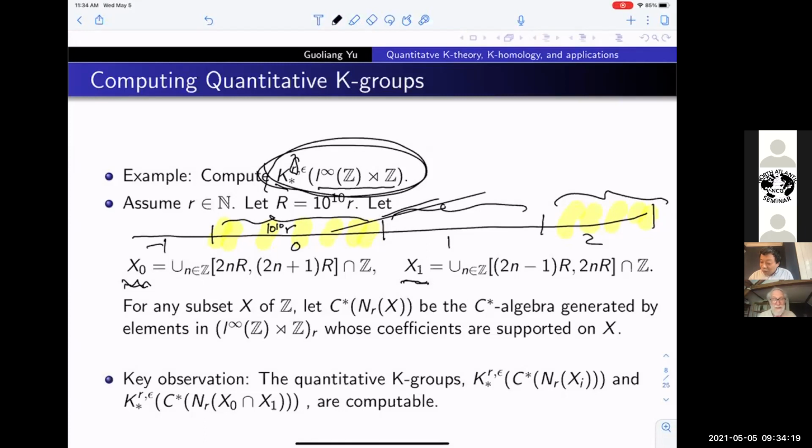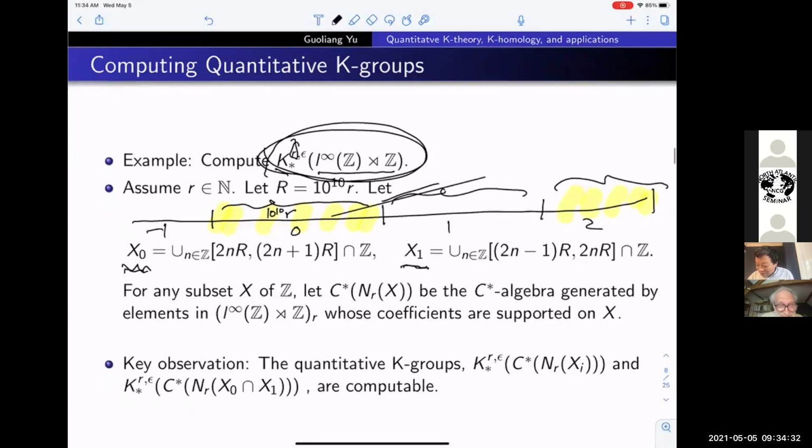We are too far to talk to each other. It just means my son cannot get married to your daughter. That's kind of tragic, but for K-theory that's good, because you're isolated. Your operators are only supported on the yellow things, and on the yellow things it's just compact operators.